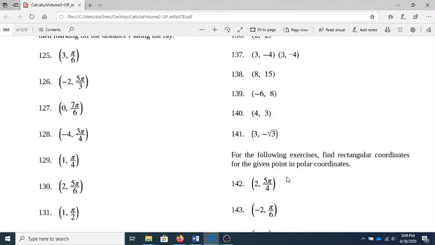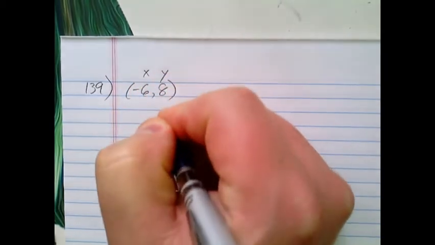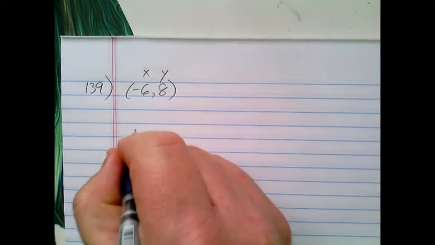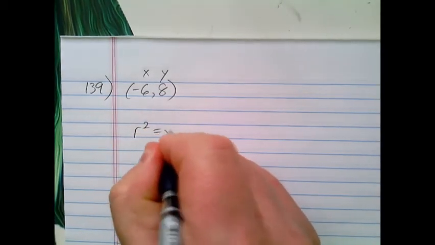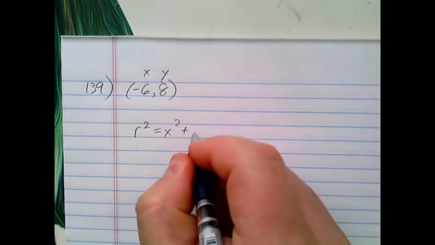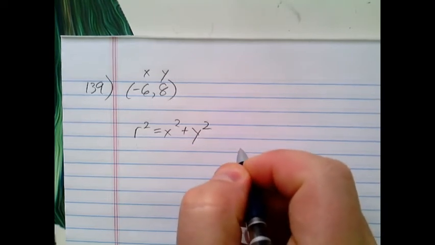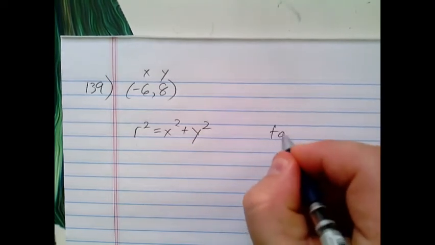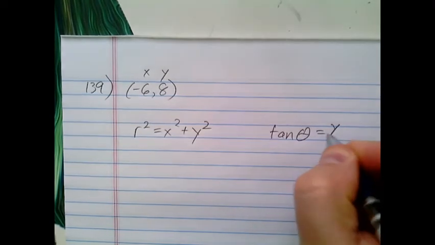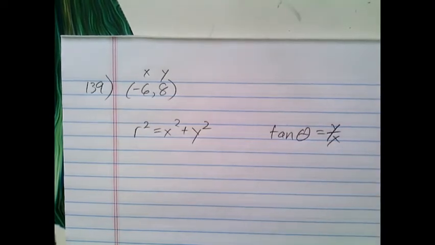So let me jot that down. And now I'll flip our view over. I'll put an x and a y just to remind myself that what they gave me was rectangular coordinates. Since I know x and y and I want to get r and theta, I'm again using these formulas from that theorem we looked at. r squared equals x squared plus y squared, and tan theta equals y over x.